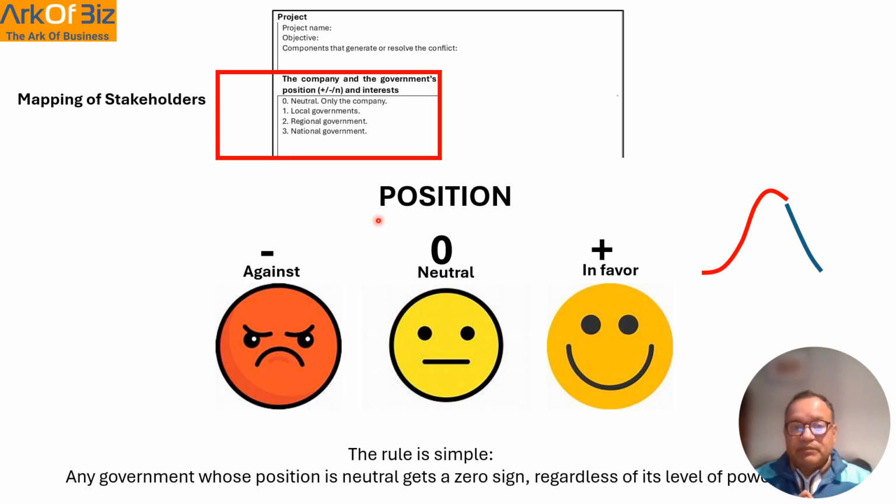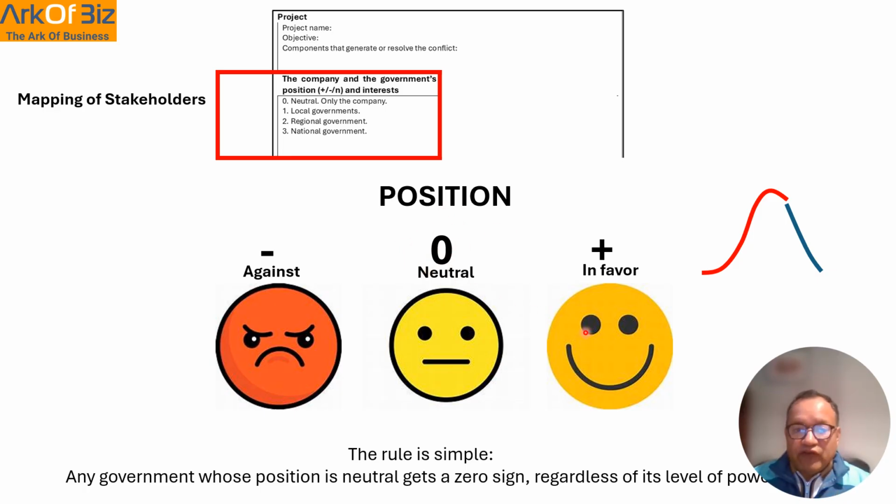Now, during the mapping process, we are not just identifying who is involved, but also their positions and interests, because we give signs and values to every stakeholder, showing exactly where they stand during the conflict. Let's start with position and signs. Stakeholders who are against the company use negative signs. Stakeholders who are neutral use a zero sign.